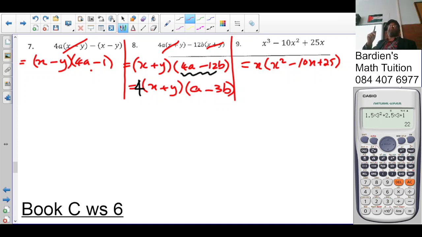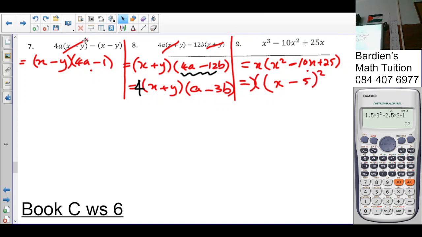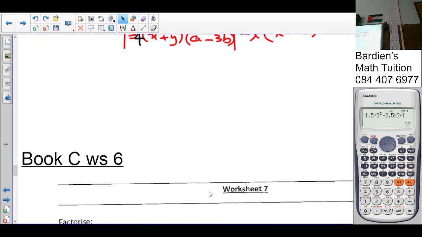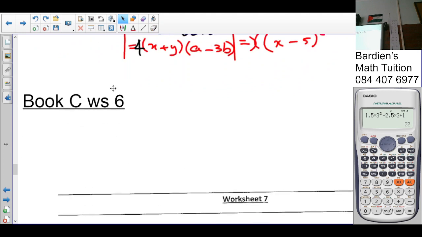What's x times 5 times 2? 10x. So is that the perfect square trinomial? Yes. So that can be written as x into x minus 5. Okay. You remember? Seems like she remembers a bit.